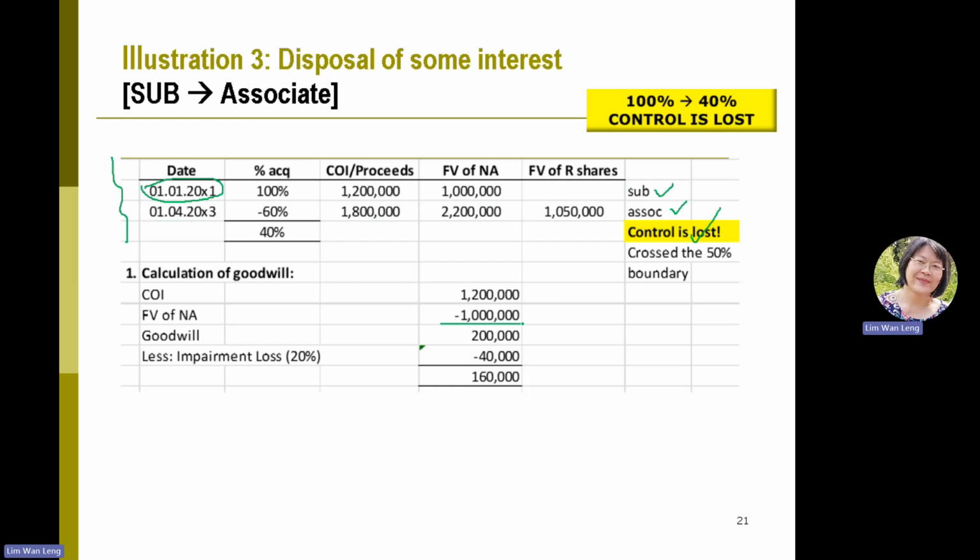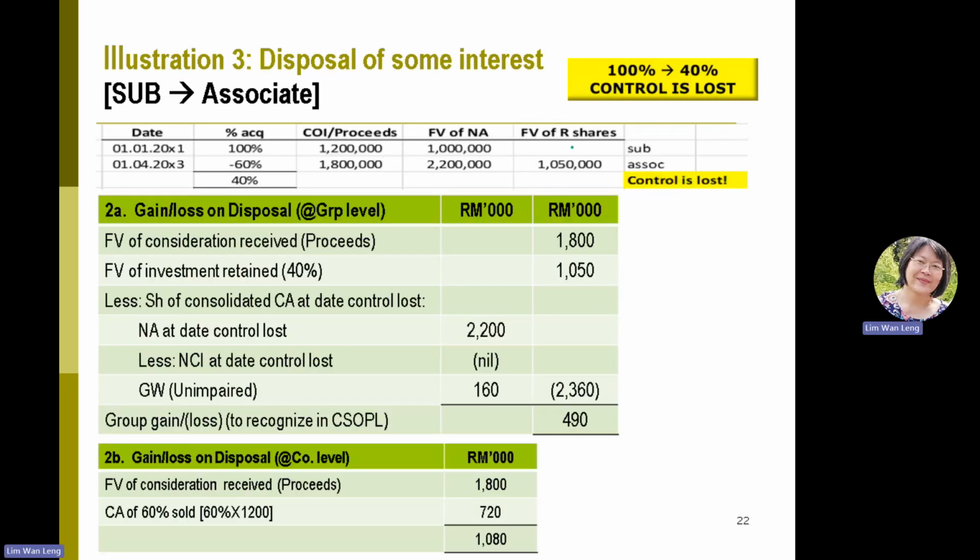This is the goodwill you computed before the impairment, and this is the unimpaired goodwill. Unimpaired goodwill will need to be written off.